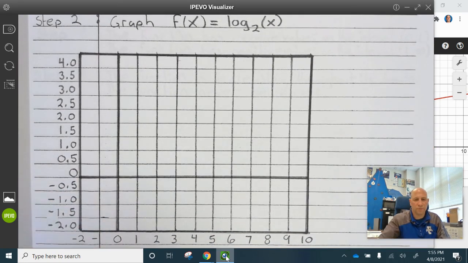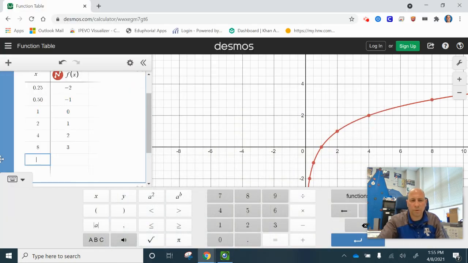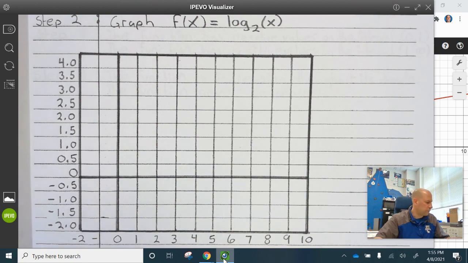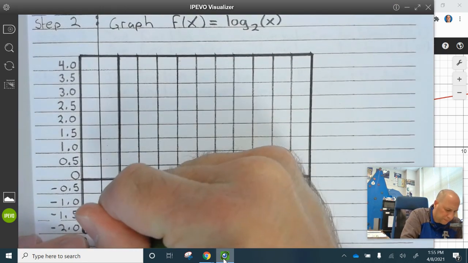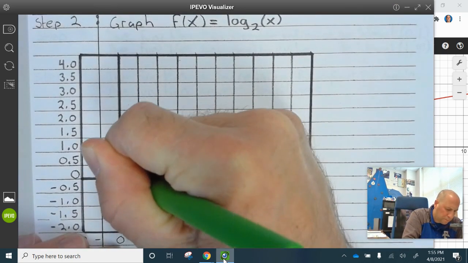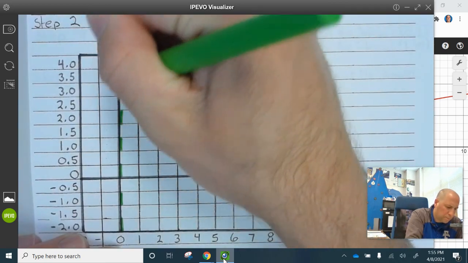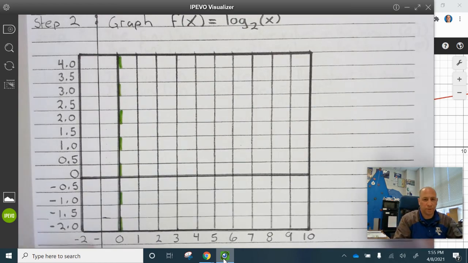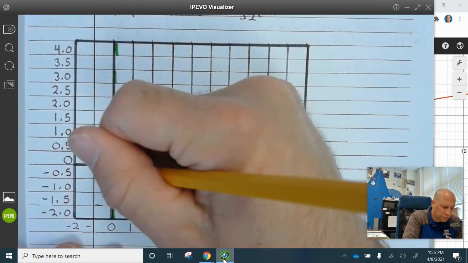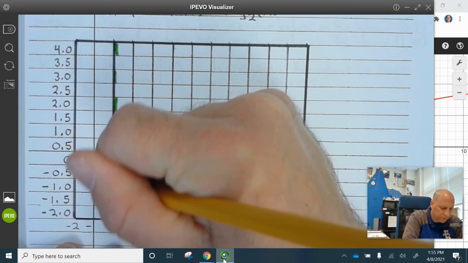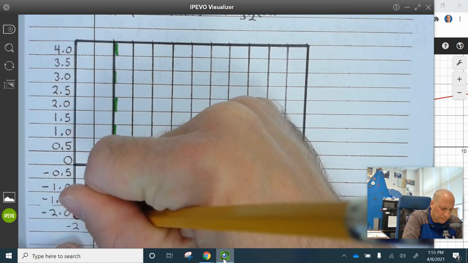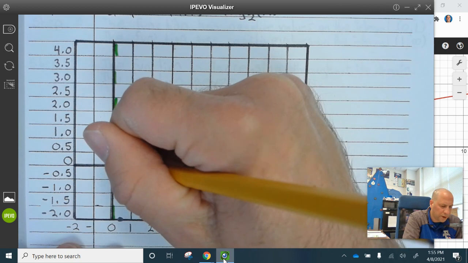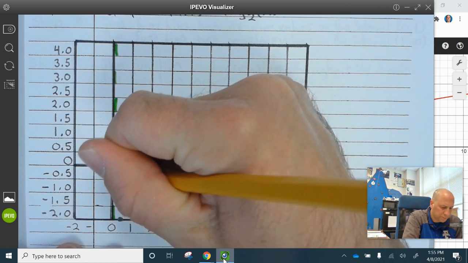Okay, first off, we see that we have a vertical asymptote at x equals 0. So let's graph that. All right, now let's graph our points. So 0.25, -2, which is here, 0.5, -1 is here.